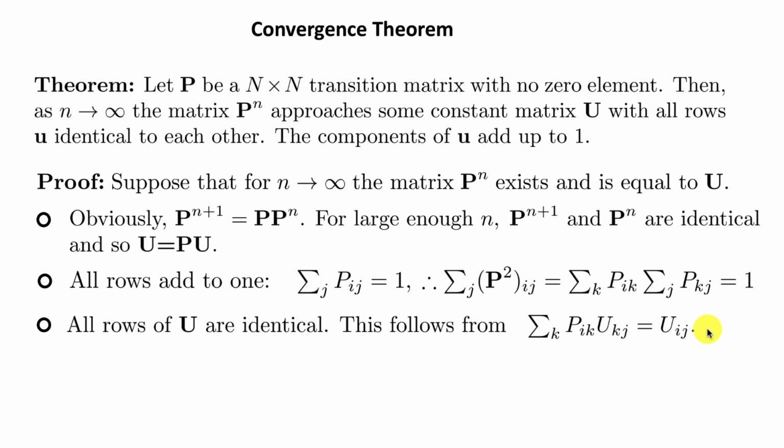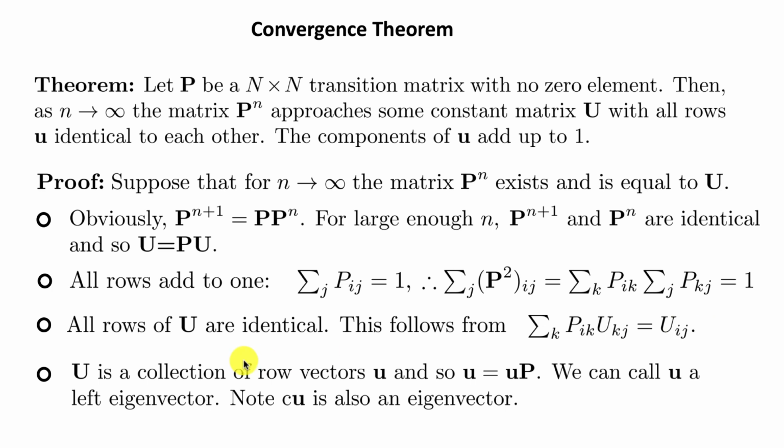Now, as I said, U is a collection of row vectors u, and so therefore u can be written as u times P. Now, this is exactly what one calls an eigenvector, except that we will call u a left eigenvector because P acts this way on u to give you u itself with eigenvalue 1.